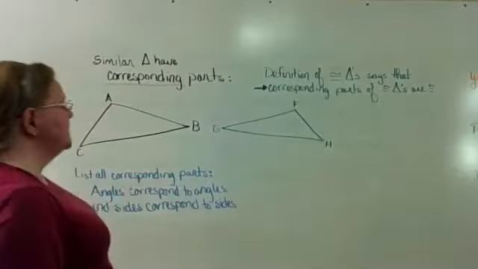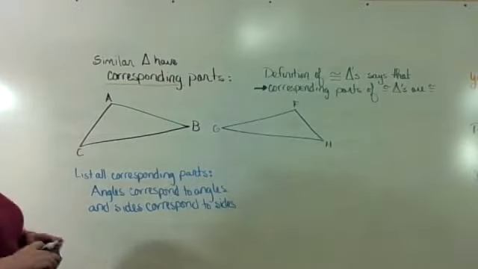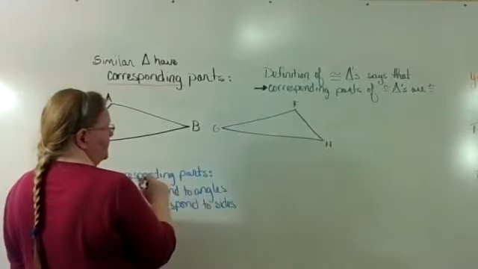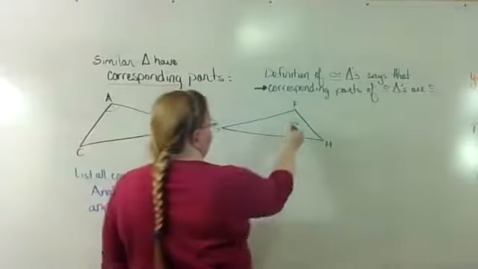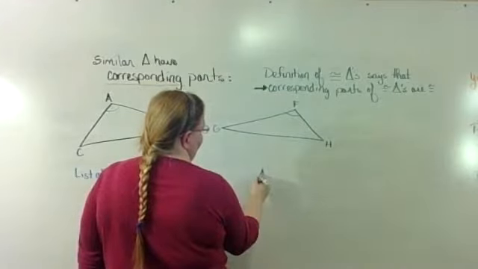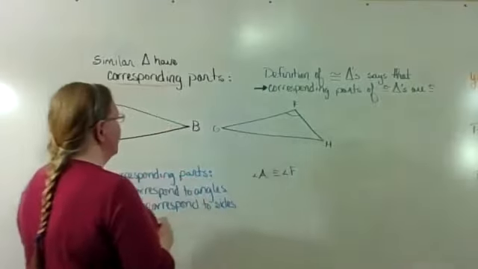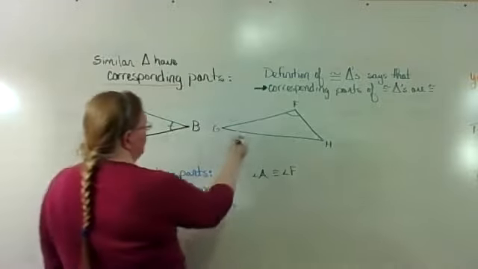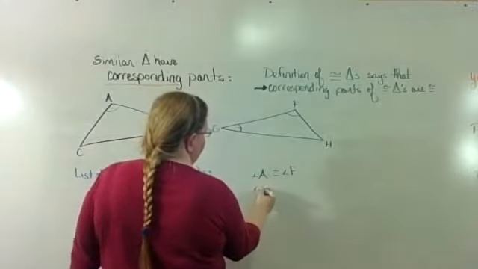And if I wanted to list these as congruent, can you tell which angle corresponds to which? So if I told you that these two were congruent, then that would mean that angle A would have to be congruent to angle F. And if I told you that angle B is congruent to angle G, doesn't look like it, but we'll say it is.